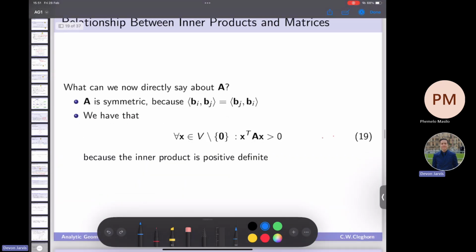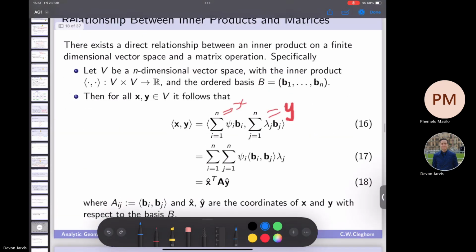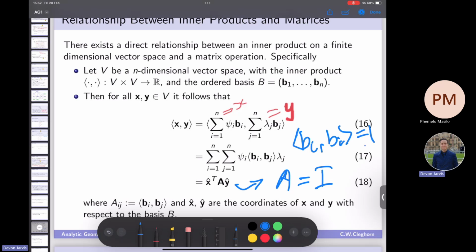Does anyone want to maybe hazard a guess? What would happen here if these basis vectors were completely orthogonal and of unit length? So they're basis vectors, they're orthogonal. But what do you think is going to happen here? You're going to end up with A being the identity matrix, because this will only be 1 if it's b_i, b_i, which is your diagonal.